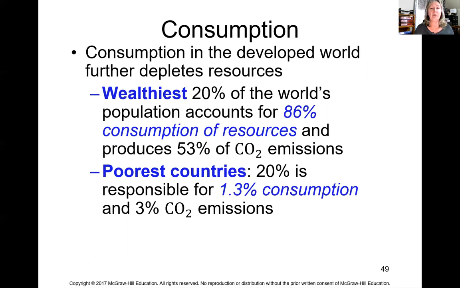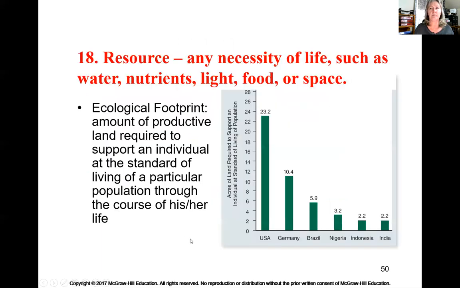But if you took the poorest countries and 20% of that population in the poorest country, they're responsible for 1.3% of consuming what we call resources, which would be the things that we need to survive: food, water, space, and then only 3% of the CO2 emissions.